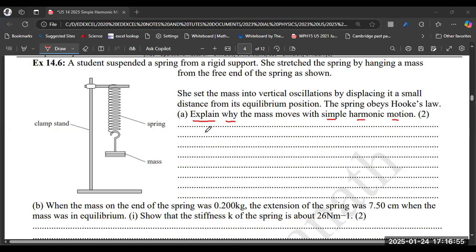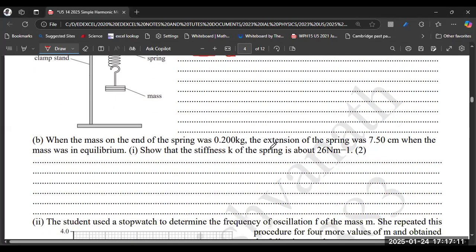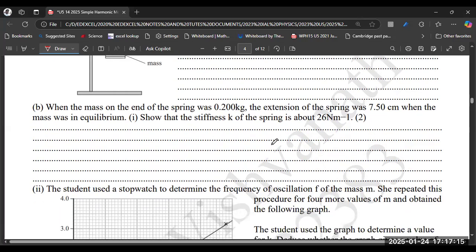And this force is always acting towards the equilibrium position. Definition, but on the force side.